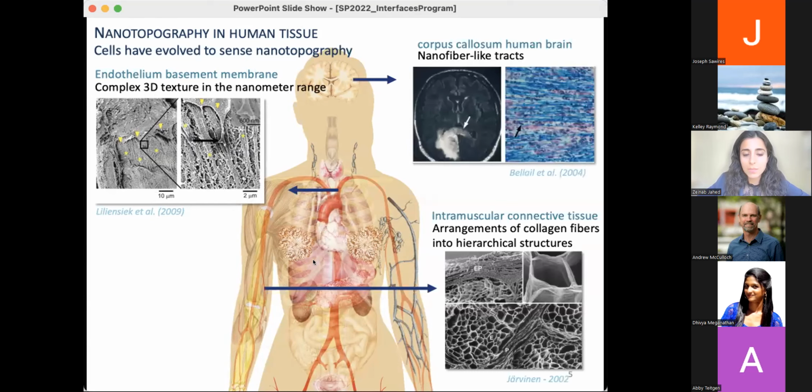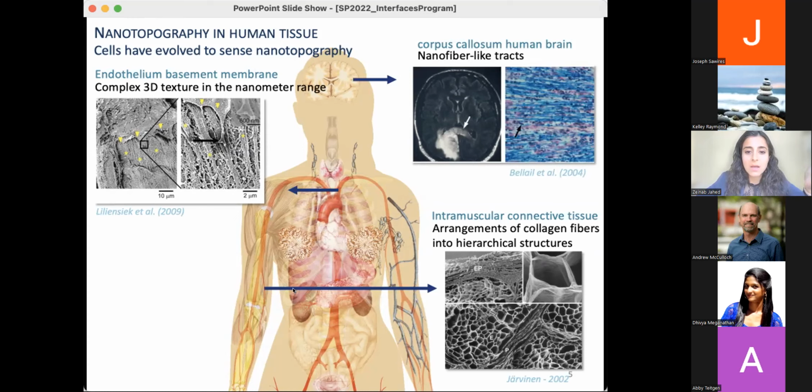If you look at different other tissue, you see that you have these very fine subcellular features that the cells are interfaced with and the cells interact with. And so all these studies suggest that cells have actually evolved to be able to sense nanotopographic features, and the interactions between cells and their environment can regulate primary cellular processes.